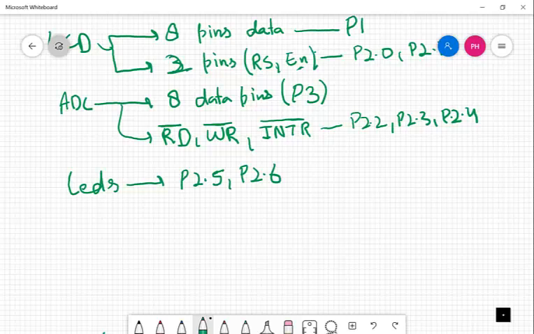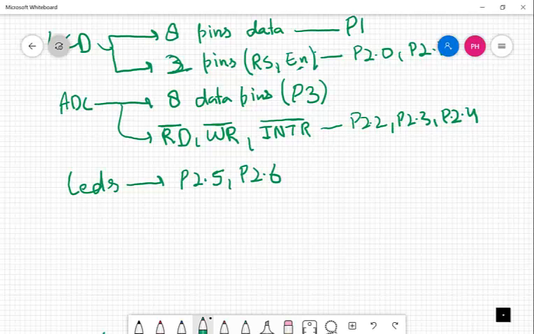So I think everything is covered now. For the LCD we will be using port 1 and 2 pins of port 2. For the ADC we will be using port 3 and 3 more pins of port 2. And for the LEDs we will be using 2 pins of port 2. That means we'll be using port 1 and port 3 completely, and we will also be using 7 pins of port 2.